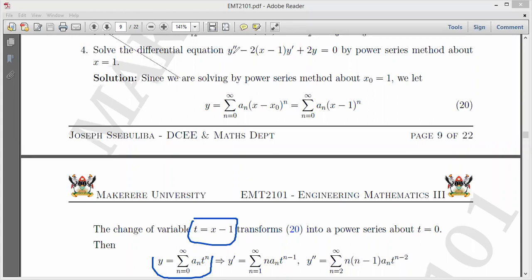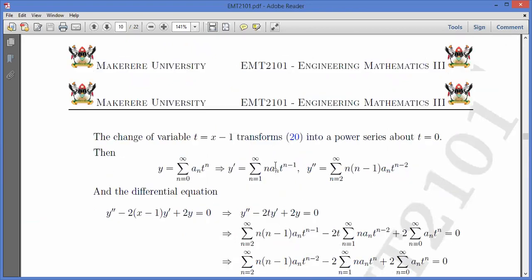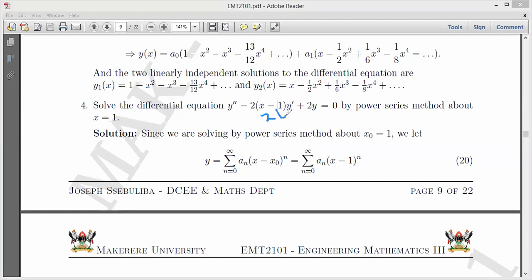And now what happens next is the same story we have been playing with. So with that, since you have this here, you do the necessary changes. So we can substitute. But remember, again, in here we have 2 into x minus 1. But remember the x minus 1 is t. So instead of 2 times x minus 1, this will be simply 2t here into y prime. Hopefully we are together there.